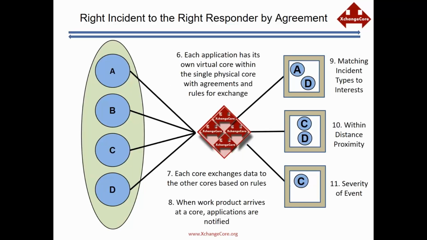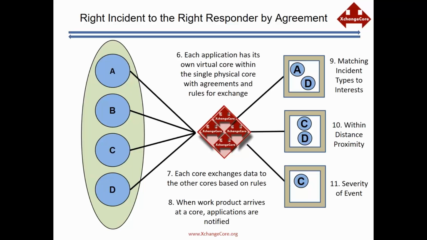So what we've got then, again, is using the ability of XchangeCore to build these virtual cores. So each application on the left-hand side and the right-hand side is going to have a virtual core within a single physical core. That means you've got one server out there, but you're using XchangeCore to partition it up so that everybody has their own set of rules and their own ability to connect different applications to that virtual core and obey those rules.